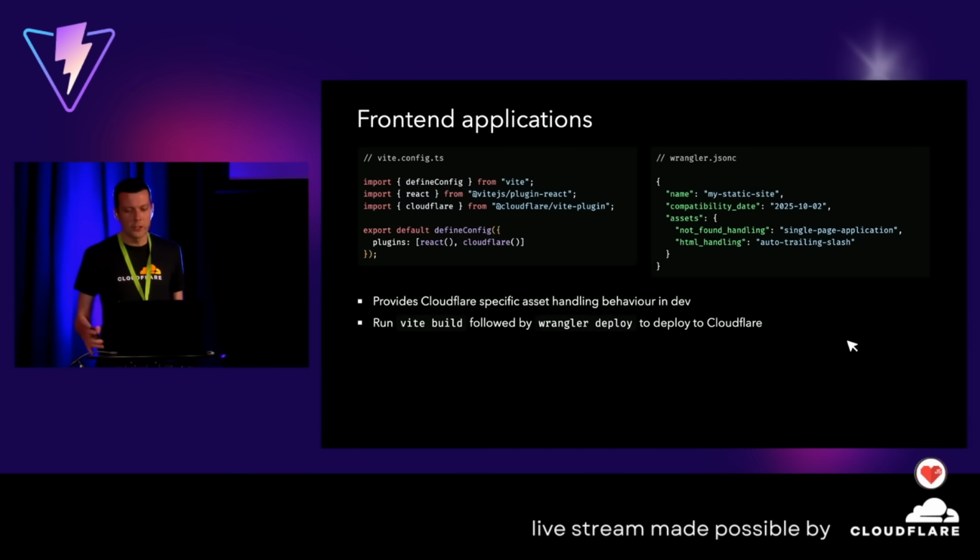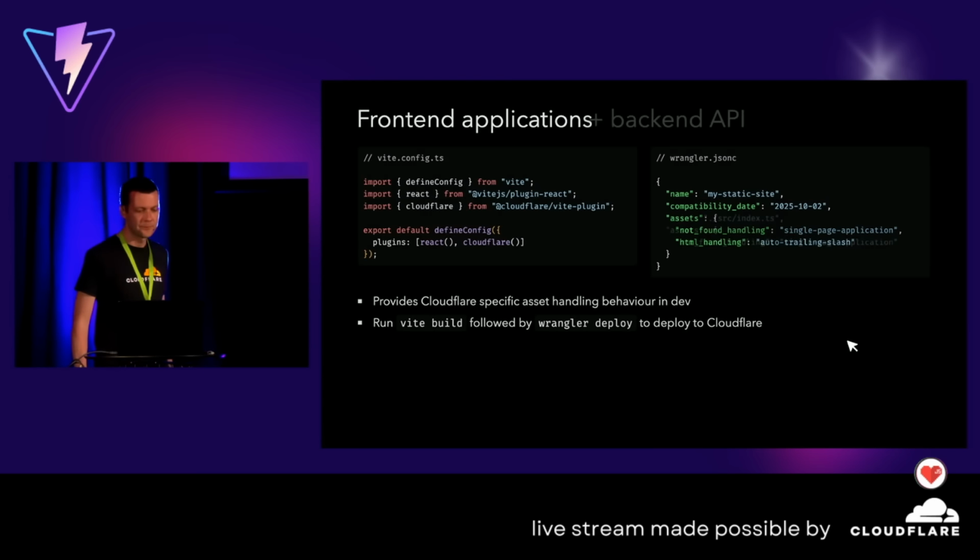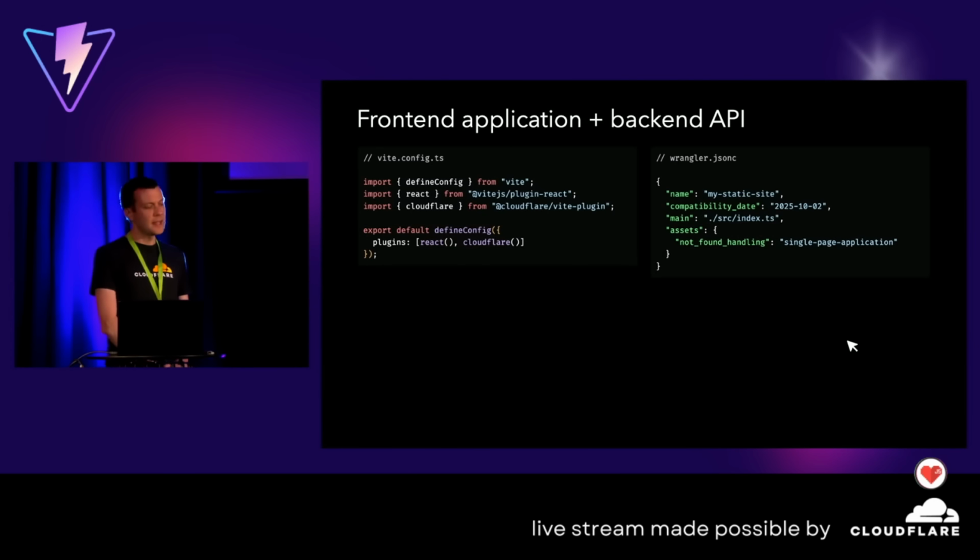But where it gets more interesting is when you bring these two sides together, right? So we've got our client-side app here, and we want to have a worker as our backend API. In this case, we just add the main field back in, point it to our entry module for our worker, and now we've got an SPA on the front end, and a backend API running in a worker, and they get seamlessly integrated in development.